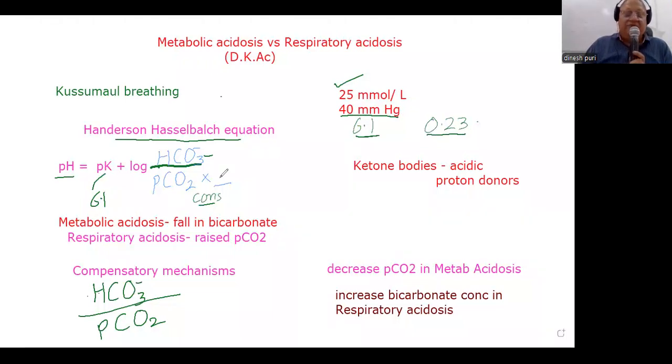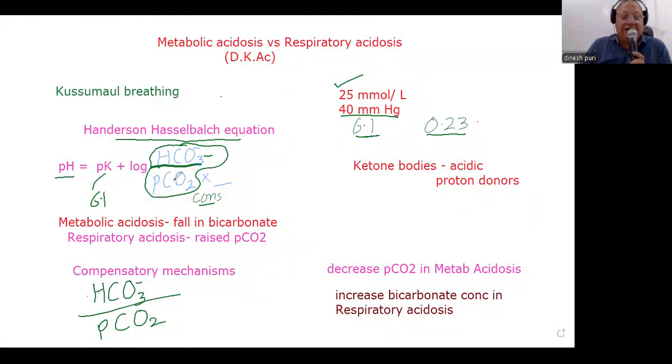And this 6.1, this pK, as we discussed, is actually a constant, the negative logarithm of the dissociation constant of carbonic acid. Let's forget about it. The most important part in the present discussion is that it is the ratio of bicarbonate and PCO2 which are the variable factors in this equation.